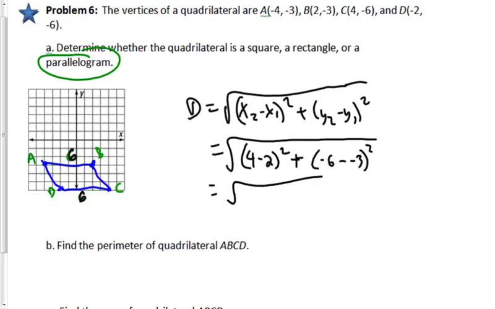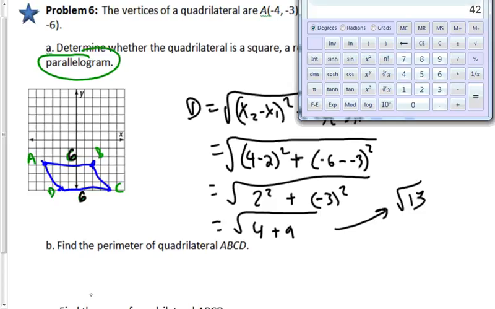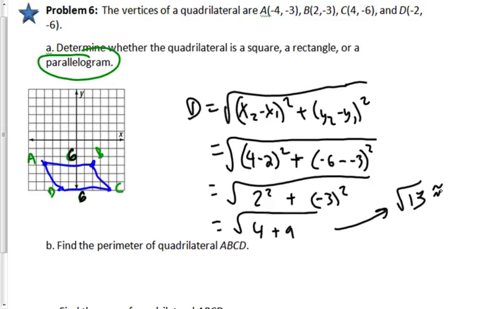So we have the square root of 2 squared plus negative 3 squared, which is the square root of 4 plus 9, which is the square root of 13. It's not going to be a perfect number. However, we can do the square root of 13, well, 3.6, we'll say. We'll label that as 3.6, and this is 3.6 as well.